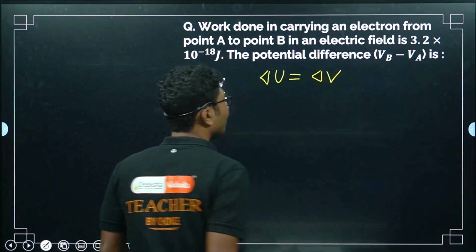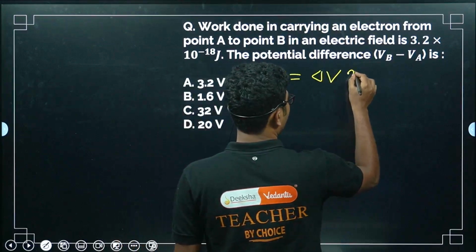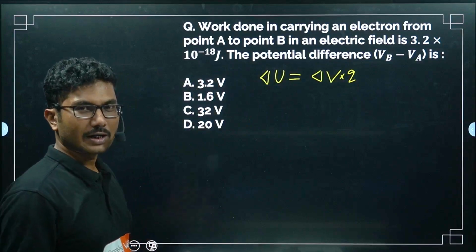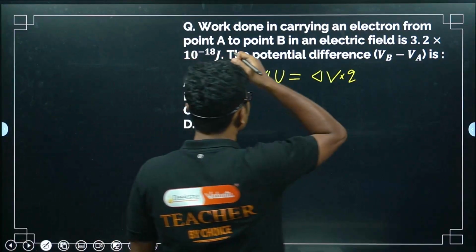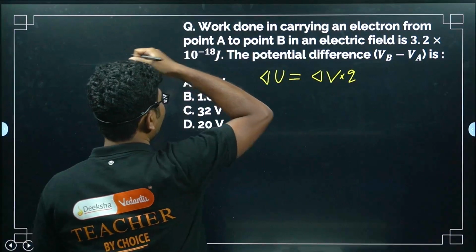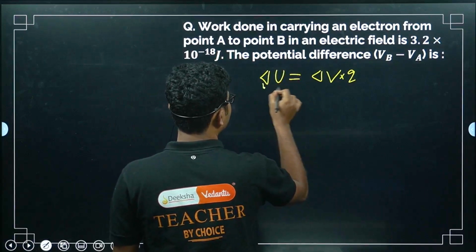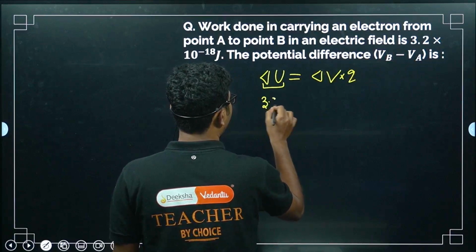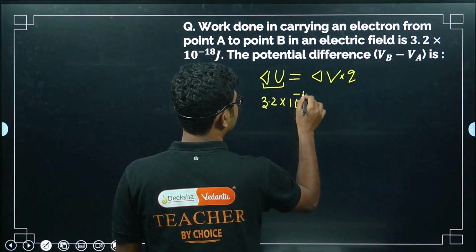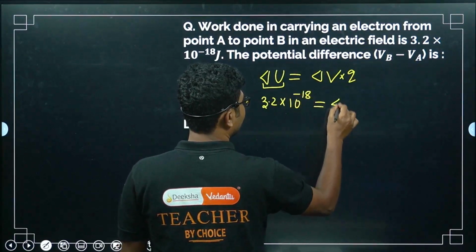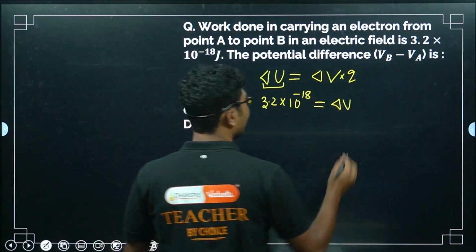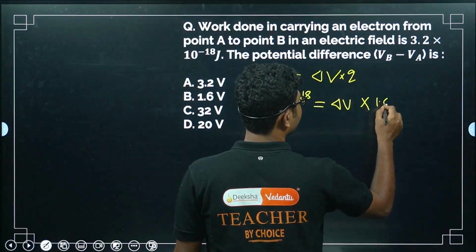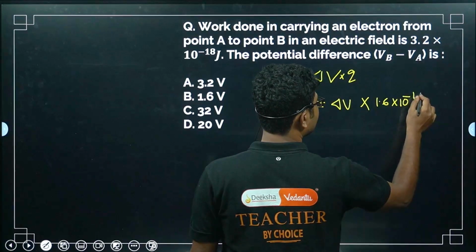So, V times Q, right? This is the formula. If you remember, QV is the work done, so that is the energy stored. They have given you the work done, that is the potential energy. Work done is the same as potential energy, 3.2 times 10 to the power of minus 18. They have asked you to find the potential difference, that is delta V. And it is given an electron, so the charge is 1.6 times 10 to the power of minus 19.